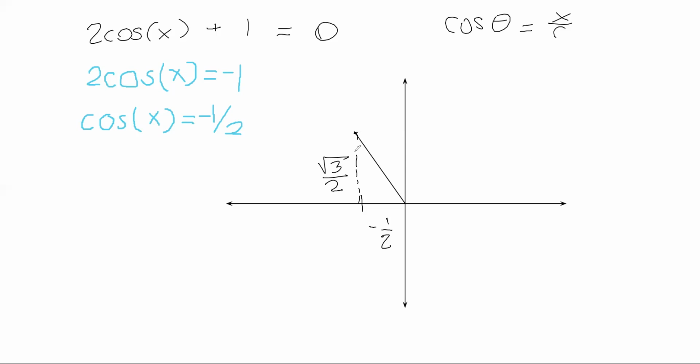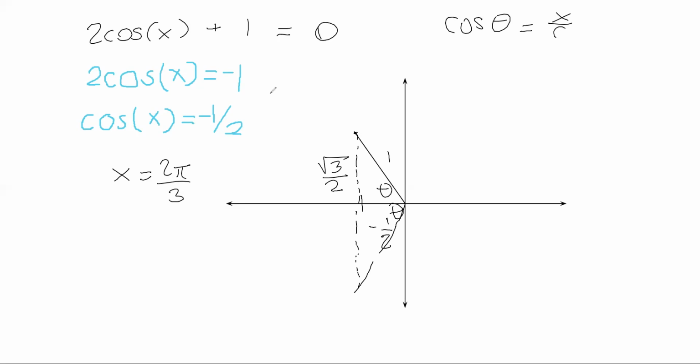And then, of course, in the unit circle, our radius is 1. So this would be one value. Another one would just be the reflected value. So we would have either 2 pi over 3, or we would have 4 pi over 3. So those would be the two solutions to this one. We'll just use that as our solution.